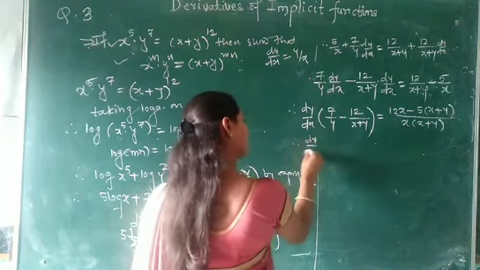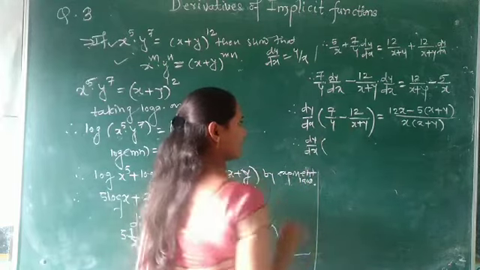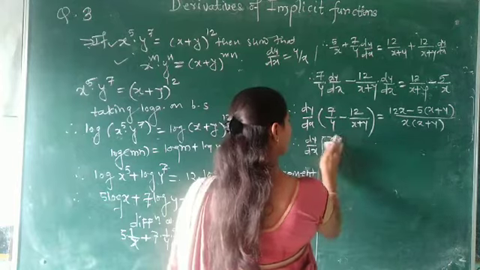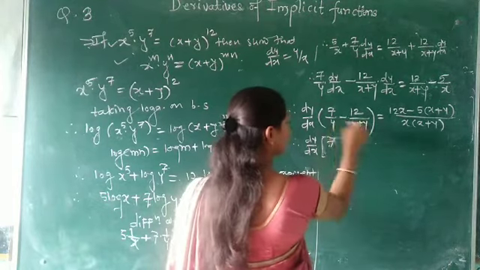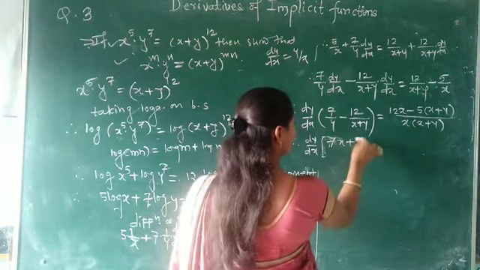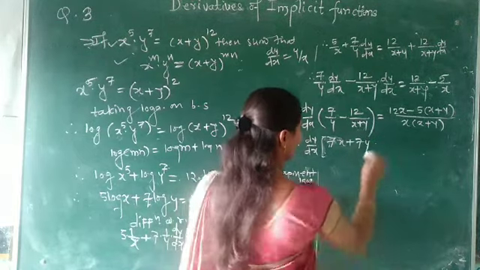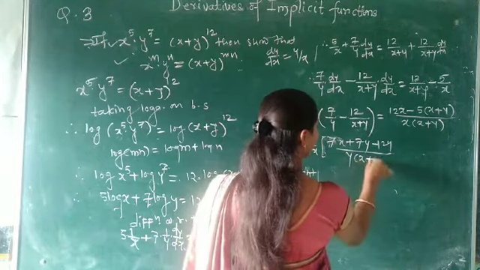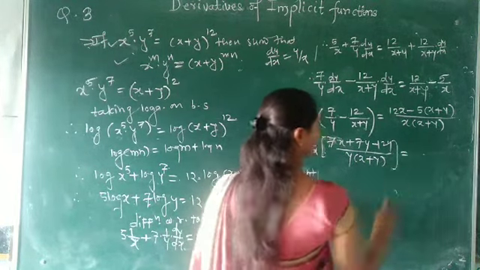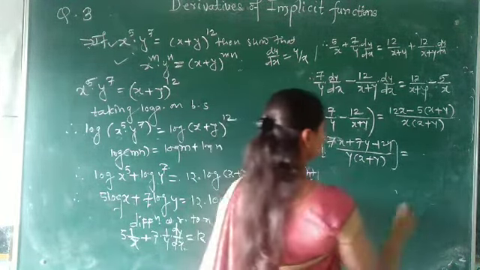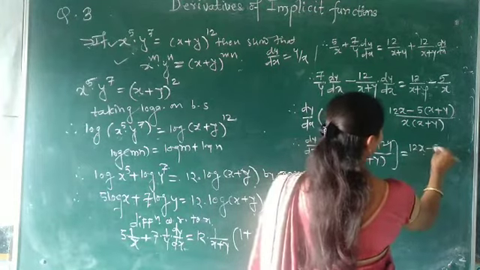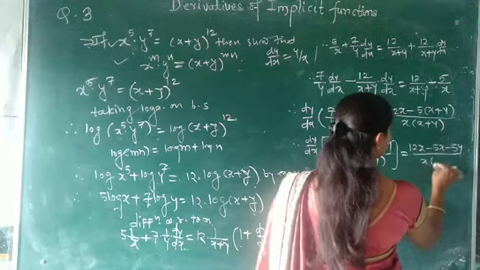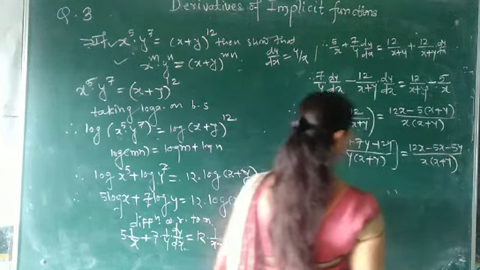Therefore, now again we simplify this bracket. So we multiply directly 7 into x plus y, that is 7x plus 7y minus 12y, divided by y into x plus y, is equal to, again we simplify this, 12x minus 5x minus 5y upon x into x plus y.